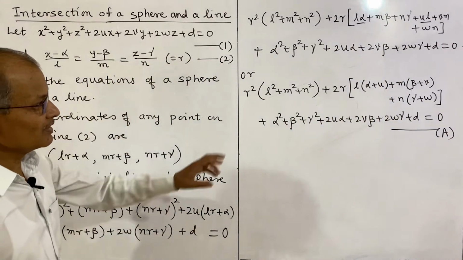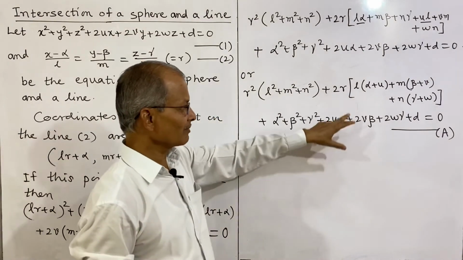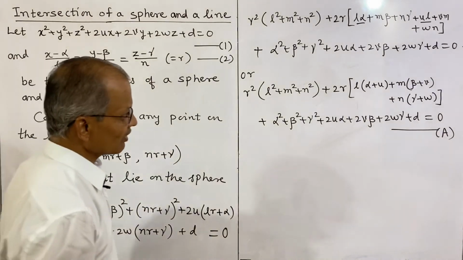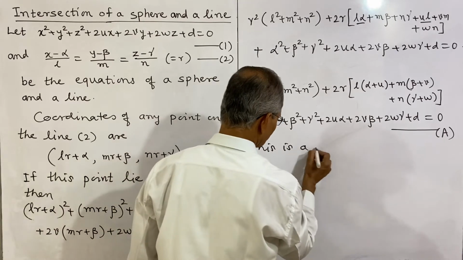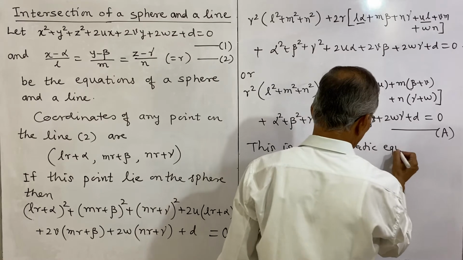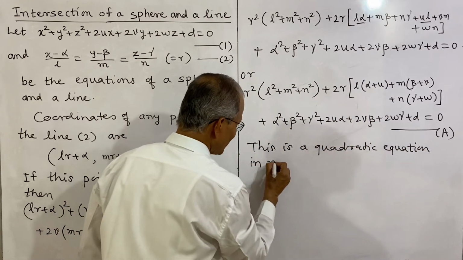Now, you observe this is a quadratic equation in R: an R square term, then an R term, and then a term independent of R, that is constant with respect to R. We can solve it for R, and how many values will we get?